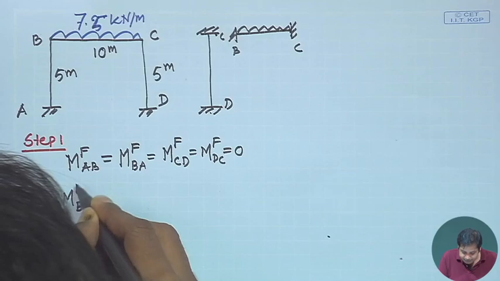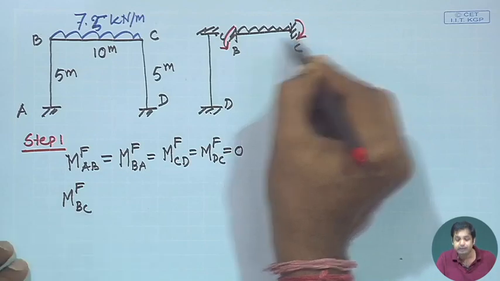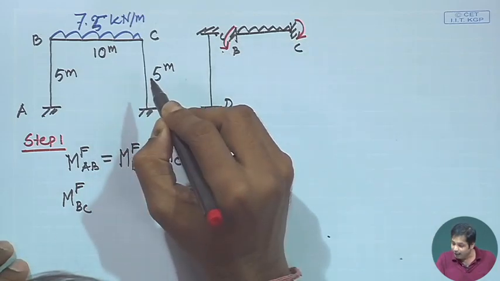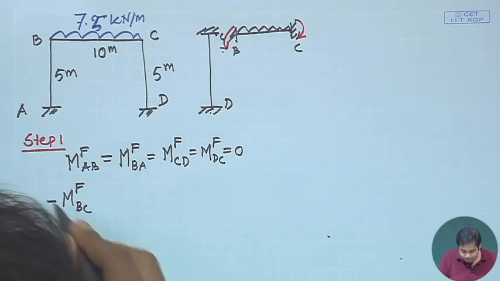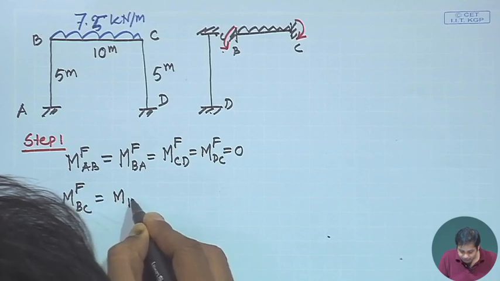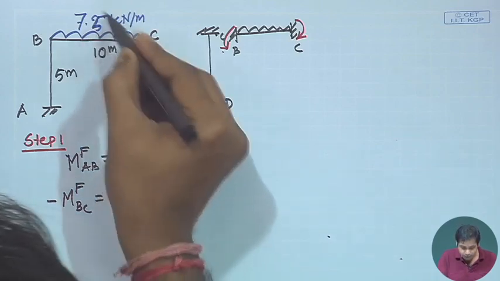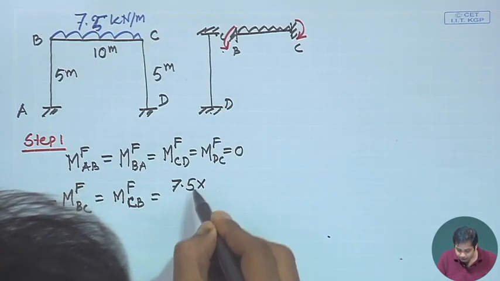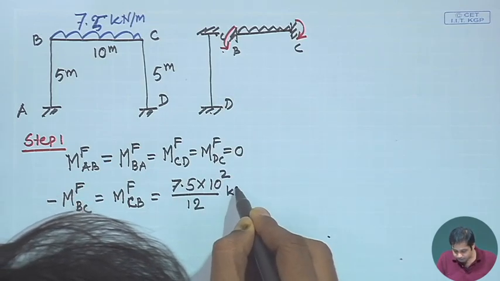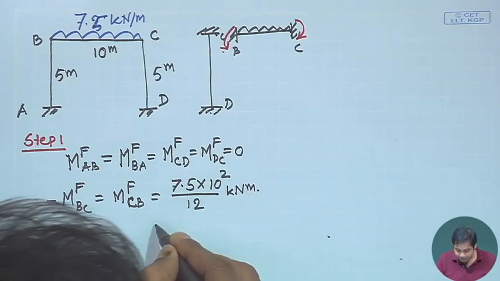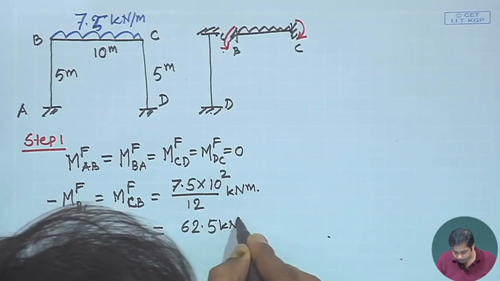The direction is anti-clockwise at B and clockwise at C. So M_BC fixed is minus qL squared by 12, and M_CB fixed is qL squared by 12. Here q is 7.5 and L is 10 meters, divided by 12, which gives 62.5 kilonewton meter.